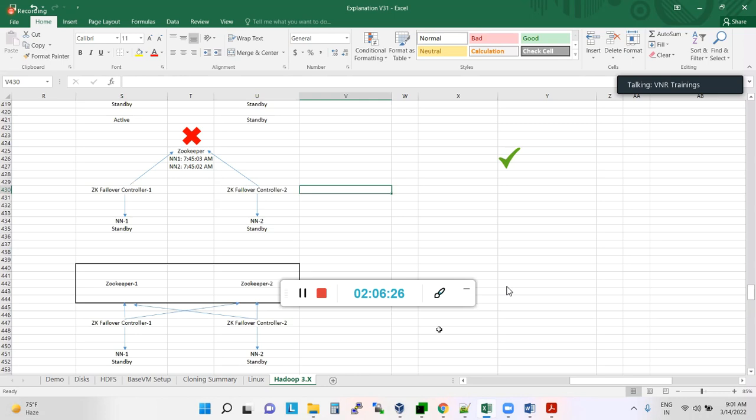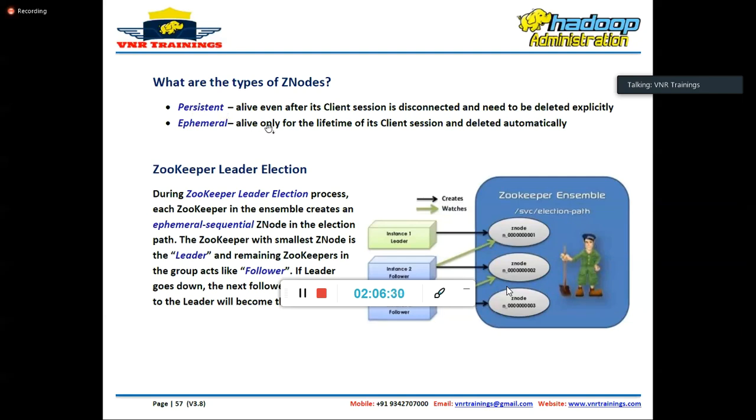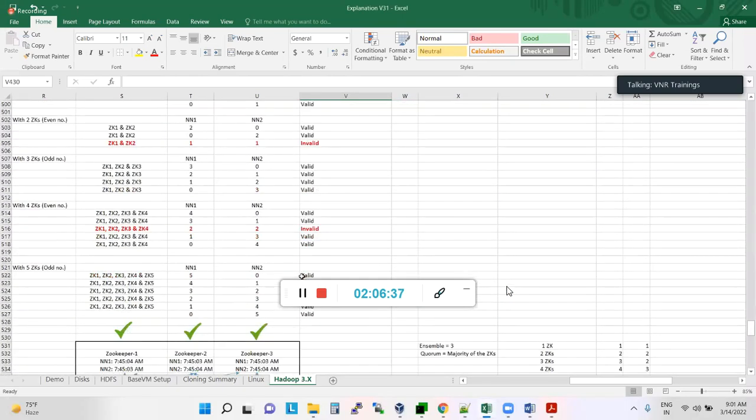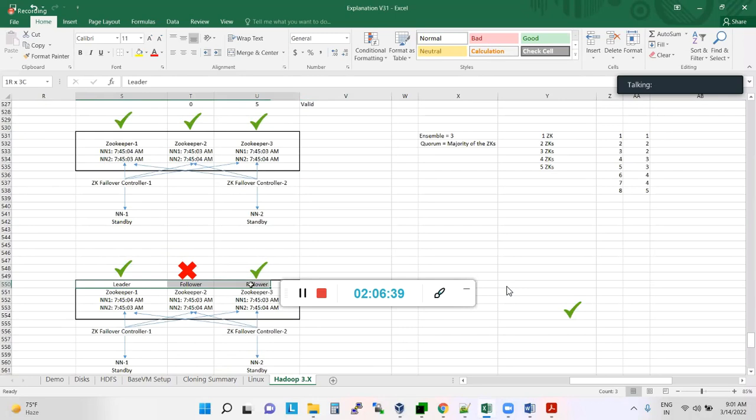So here you have persistent and ephemeral nodes, which I've explained. And Zookeeper leader election: internally the Zookeepers will select each other. Based on the time, they decide who should be leader and who should be follower.